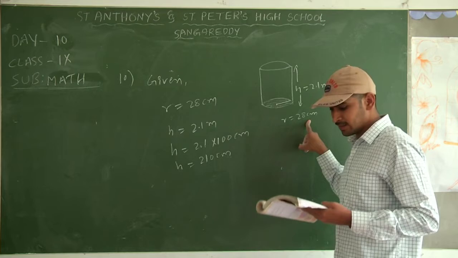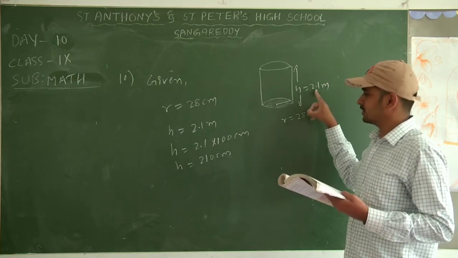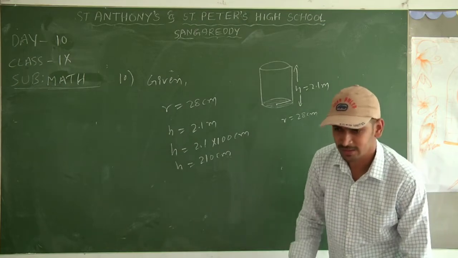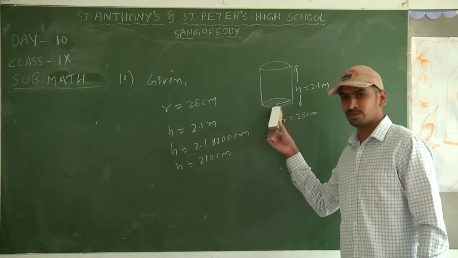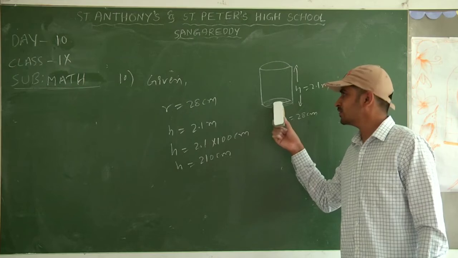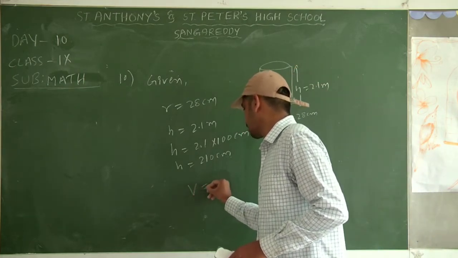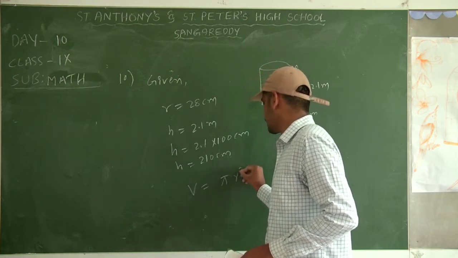One is in centimeters, another in meters. Convert meters into centimeters, otherwise centimeters into meters. Since you want to find the capacity, the storage of water, you want to find the volume of the cylinder. V equals pi R square H.